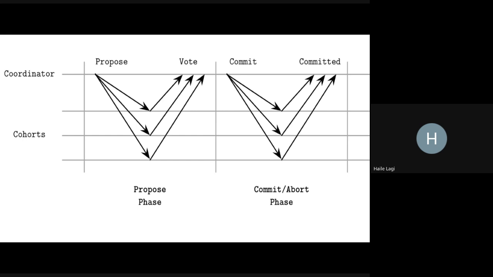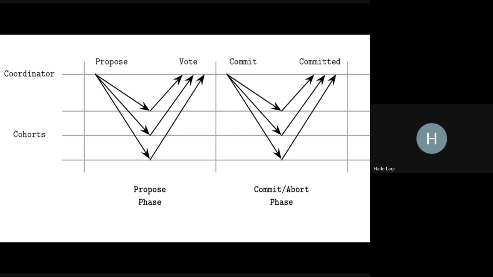Why not a 1,000-phase? It's like the Byzantine generals issue, right? You're going round and round, like chicken and egg. How does the two-phase commit avoid that problem?